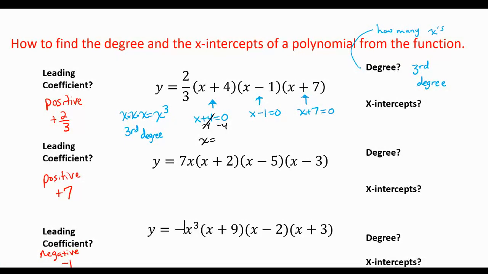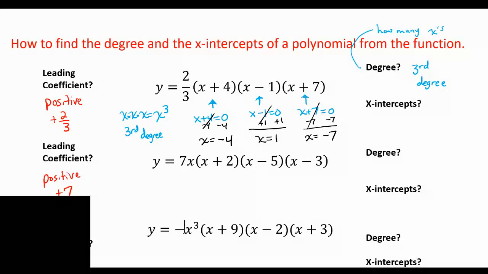So this would say x equals -4. Do you see how it's the opposite of that number? This one you would add 1 to both sides. So x would equal 1. You can see how it's the opposite of that -1. And then x plus 7, you would subtract 7. So that would be x equals -7. And that's the opposite of that +7. So kids know that shortcut. They just take the opposite. There are some problems where you have to do a little more work for that, but mostly kids know.